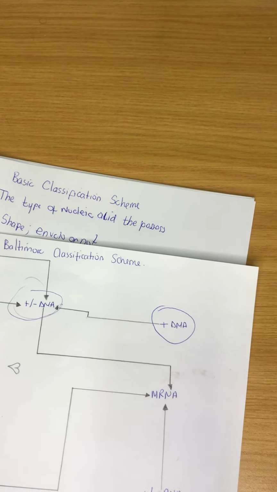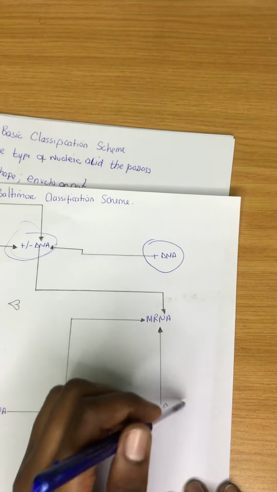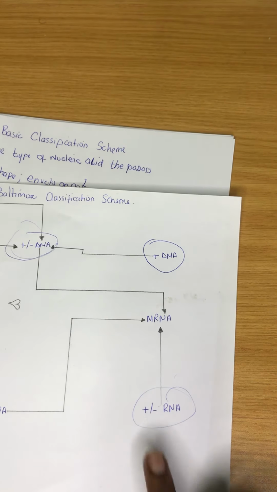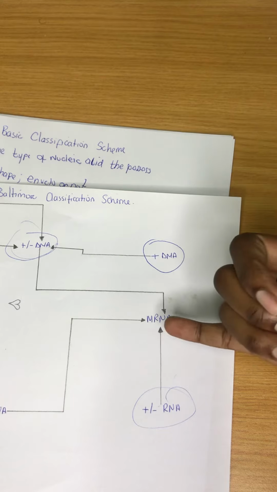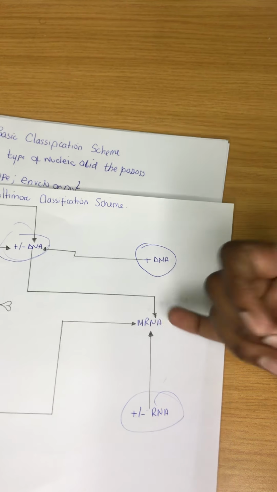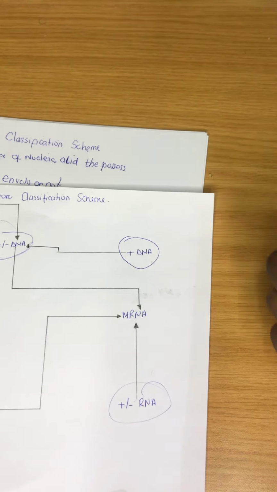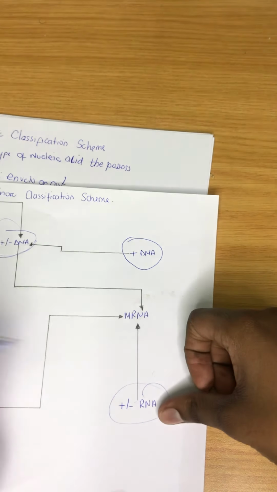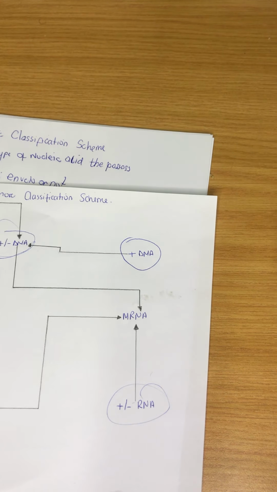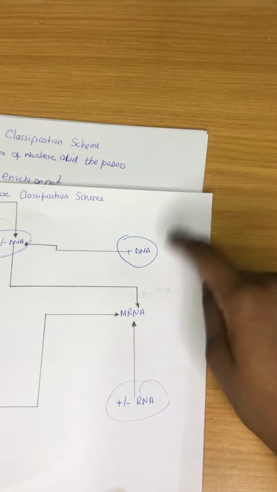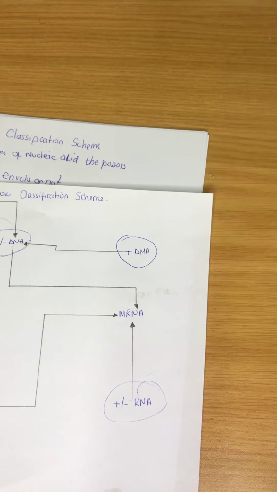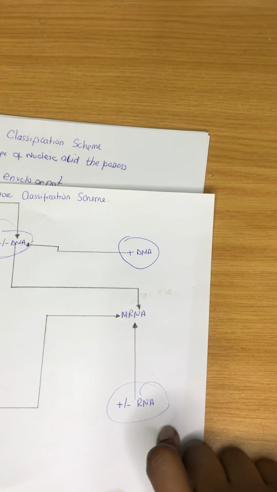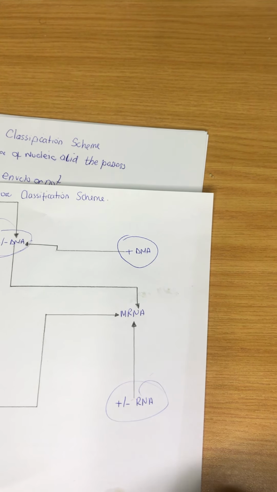So we're going to move to double-stranded RNA viruses. How do they synthesize their mRNA? I know we are used to DNA being the genomic code, but viruses also have RNA as their genetic code.